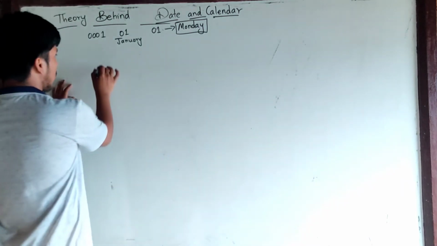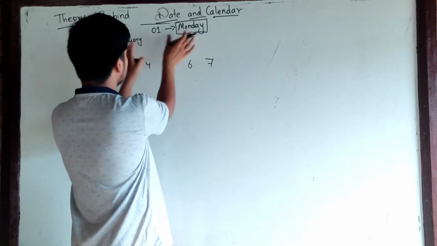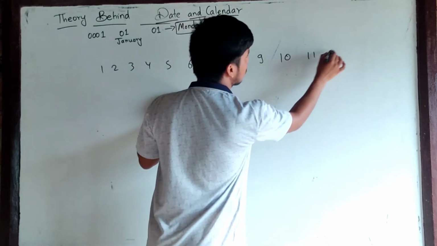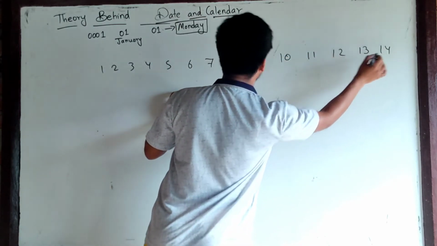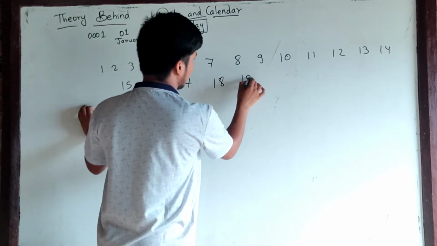Suppose we have 1, 2, 3, 4, 5, 6, 7 as the days of this first January of first AD, then 8, 9, 10, up to 19, right?